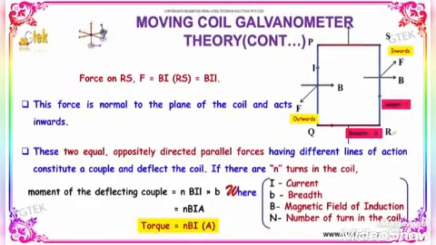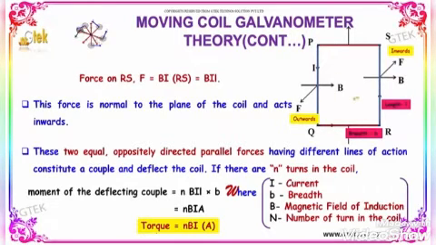Force on RS, F is equal to BIL. This force is normal to the plane of the coil and acts inwards. These two equal and oppositely directed parallel forces having different lines of action constitute a couple and deflect the coil.